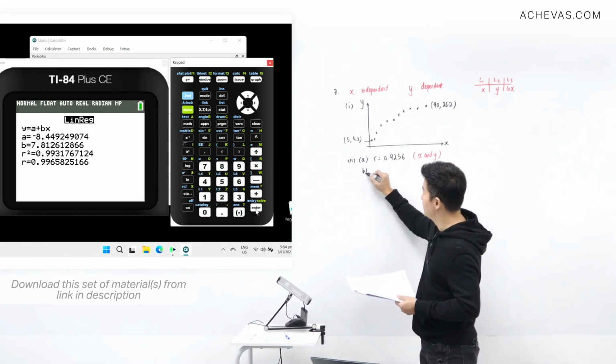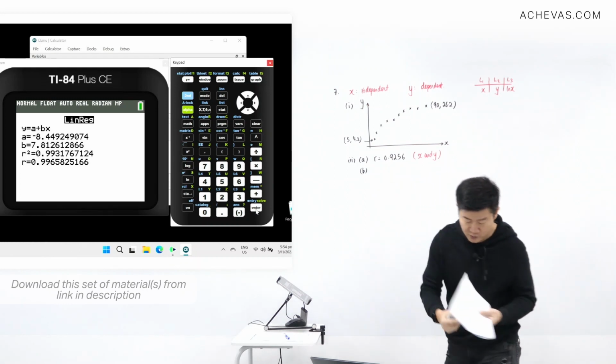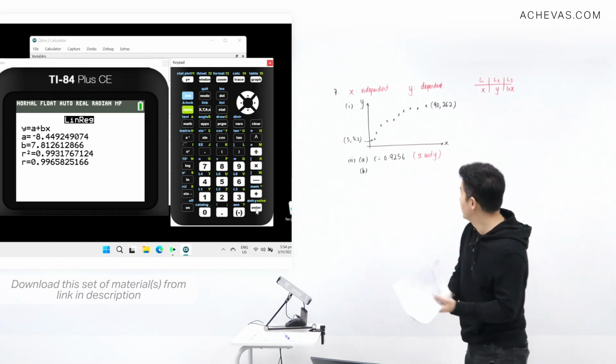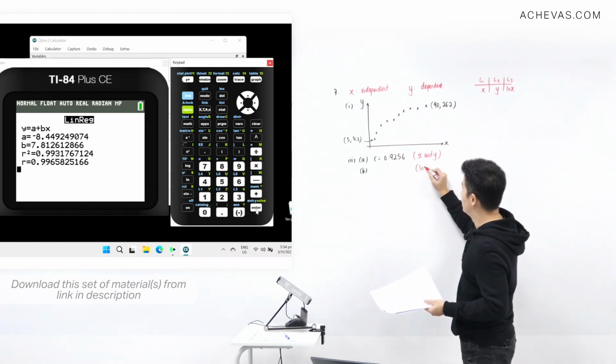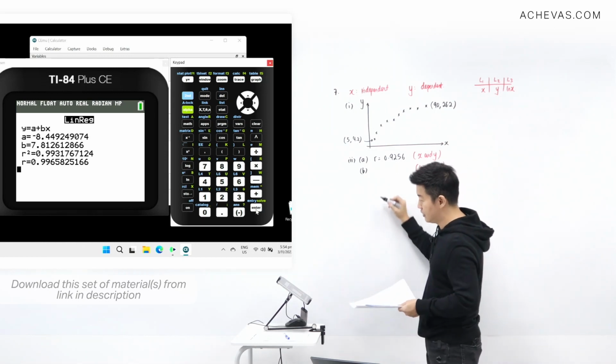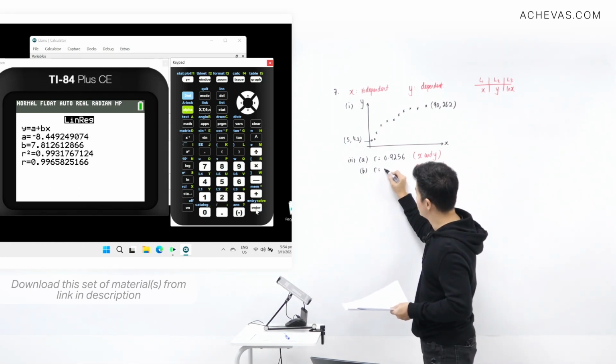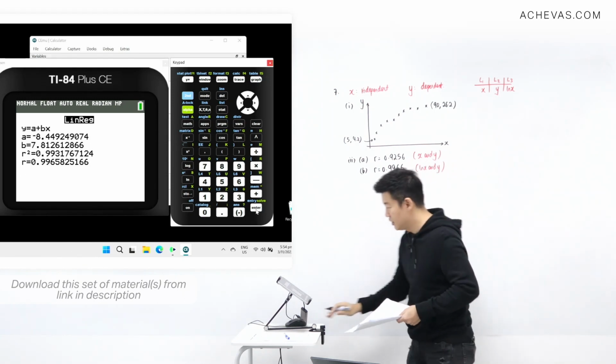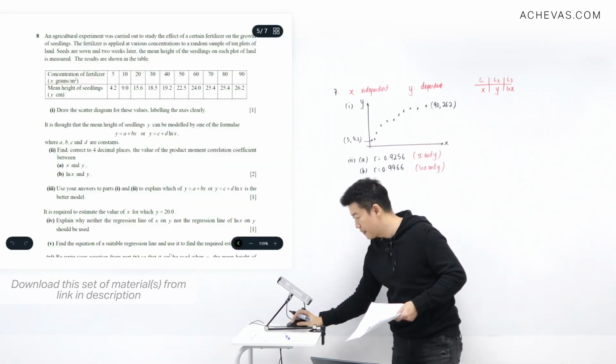So for part B, we are looking at ln x and y, and for this we are getting R equal to 0.996624. The question asks for 4 decimal places.